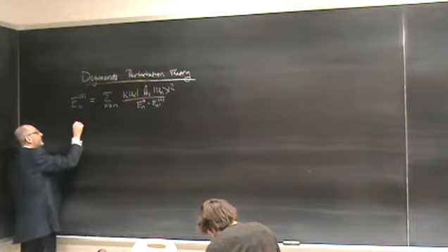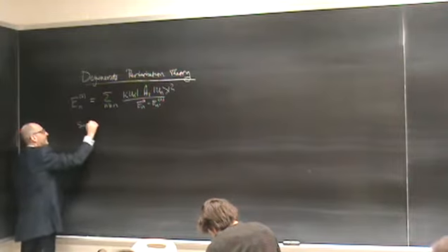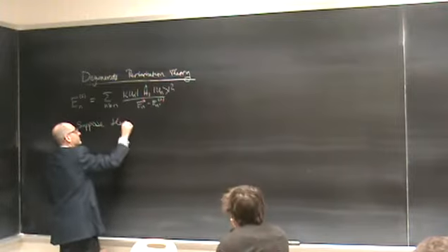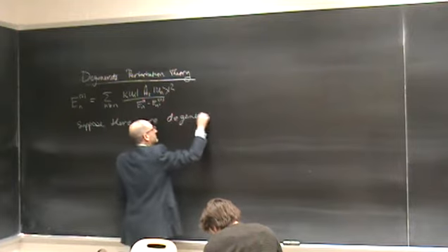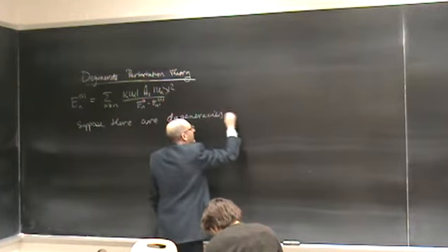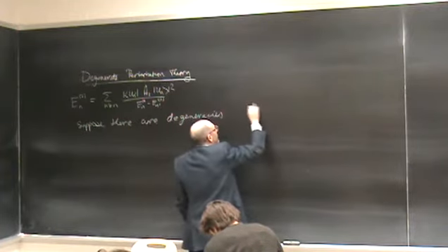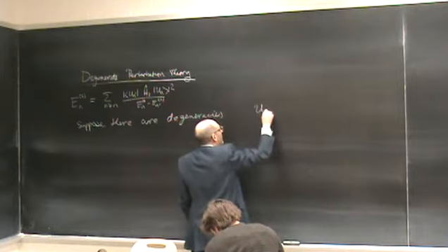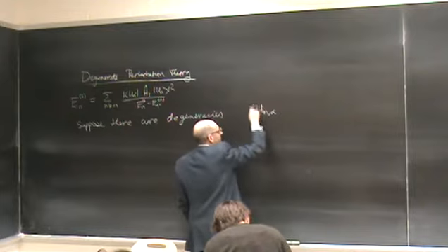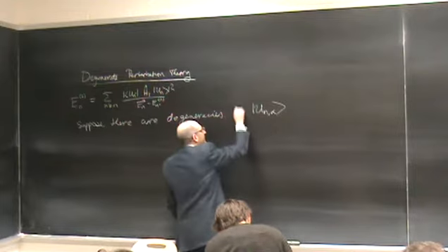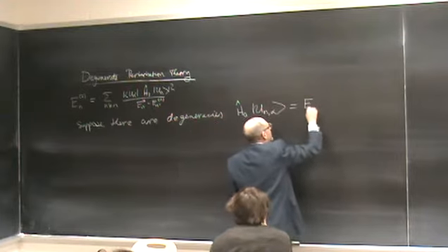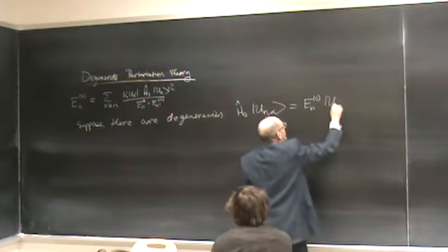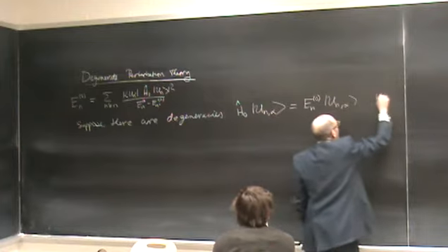So let's consider, suppose we have degeneracies. That is to say that there are stationary states now that are specified by at least one other quantum number, such that H0 on this is En0 for all alpha.